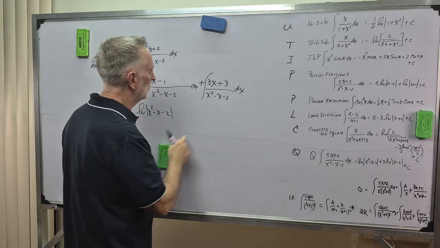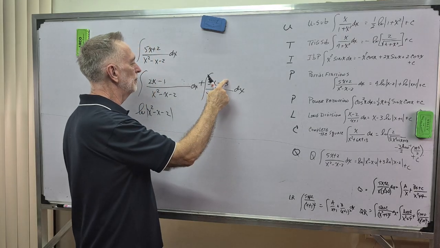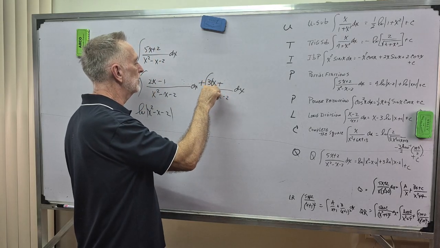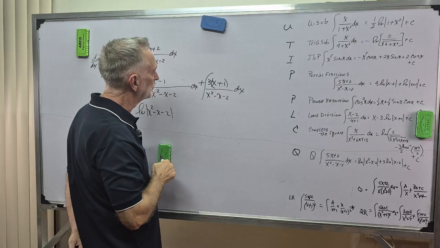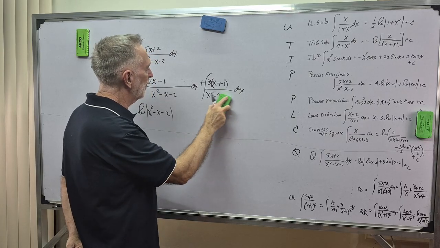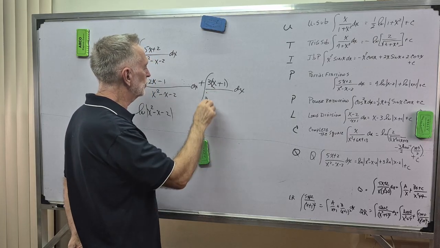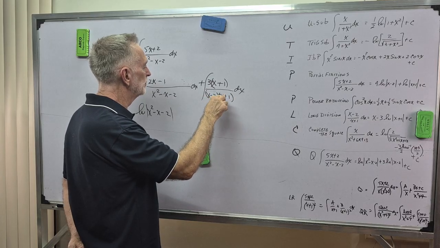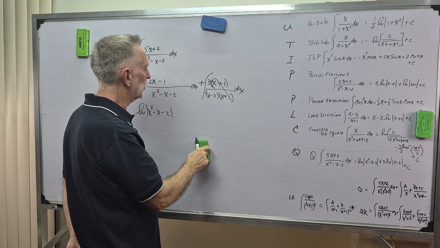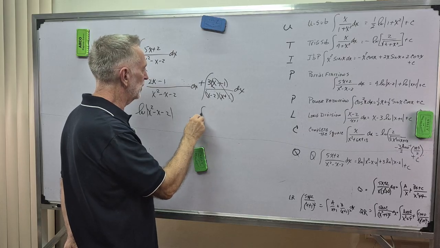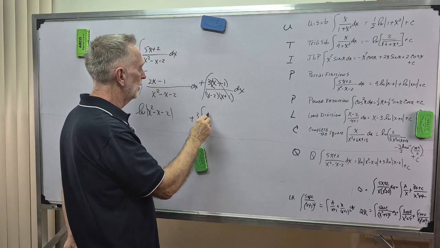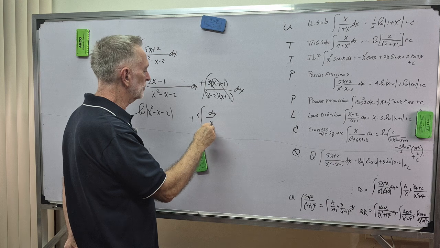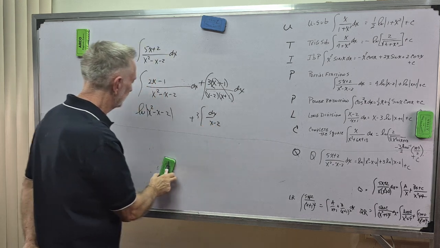What about this one? Let me factor the 3 out. That's 3 times x plus 1. And I'll factor this one as x minus 2, x plus 1. The x plus 1's cancel. So I'm left with plus the integral of 3 dx over x minus 2. Voila.